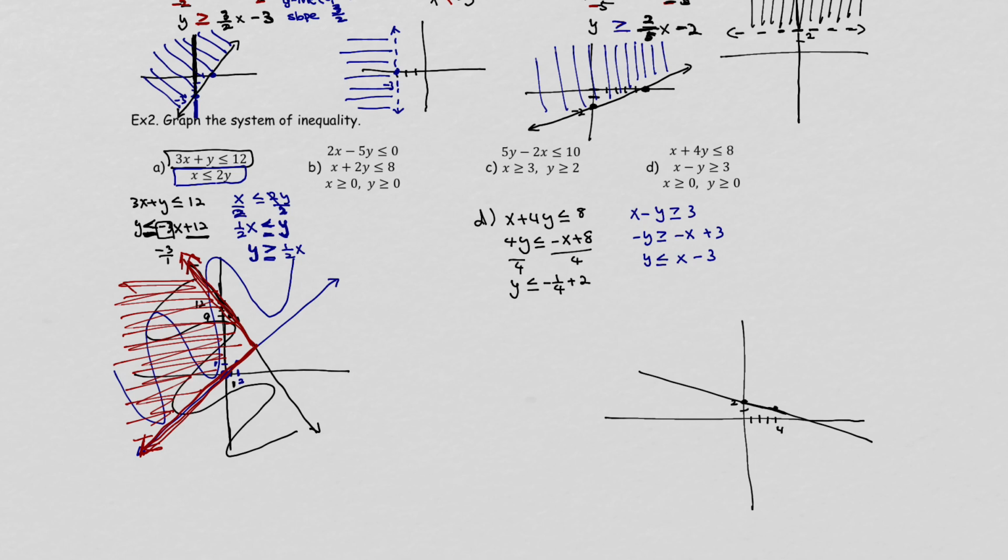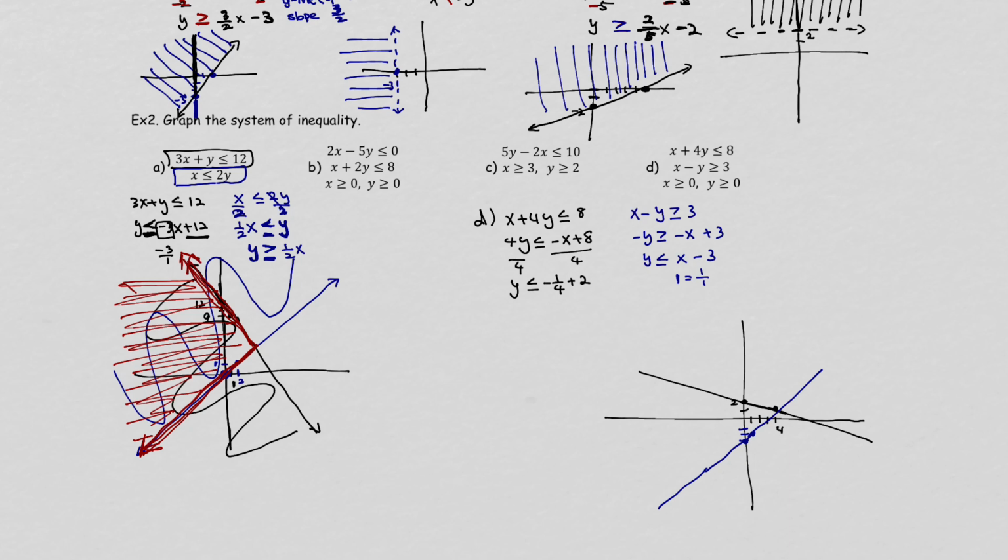So that one will have y-intercept of negative 3. And slope is 1. 1 is equal to 1/1. So go up 1, move right 1. We'll give you that. And that's a solid straight line again. So when you draw, that's the line you have, right?